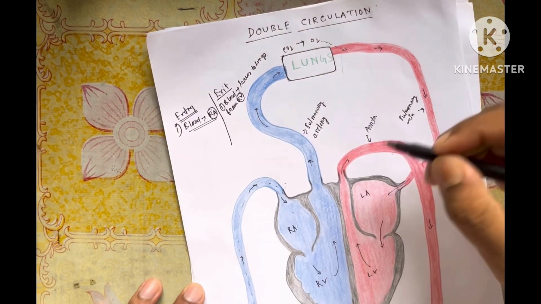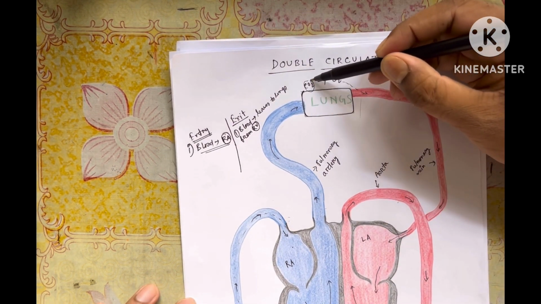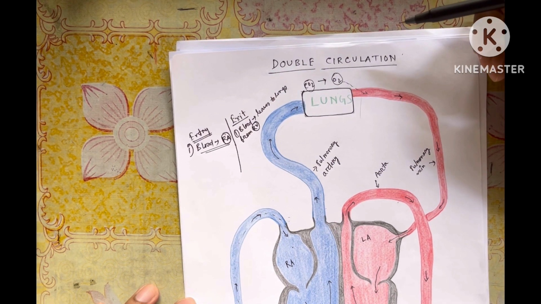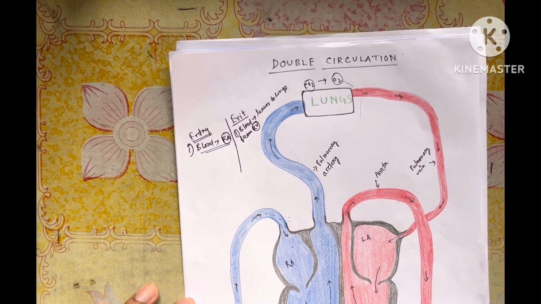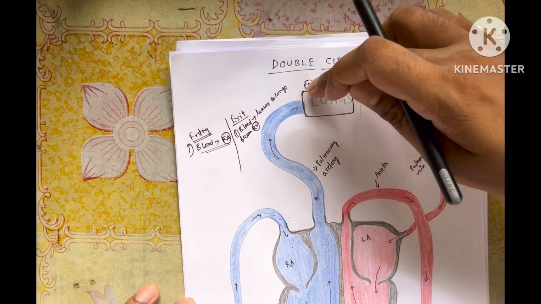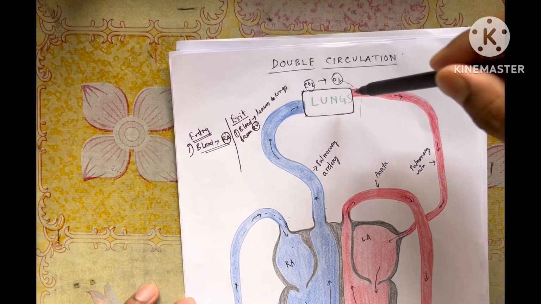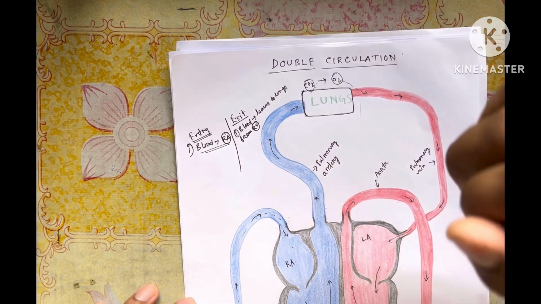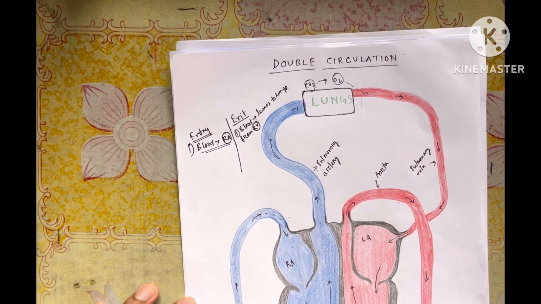Then when blood reaches our lungs, all the carbon dioxide containing deoxygenated blood becomes oxygenated blood during the pulmonary exchange or pulmonary respiration. Carbon dioxide will be removed as exhalation, and pure oxygen from the atmosphere is inhaled, exchanged against our carbon dioxide, and oxygen is dumped inside our blood.